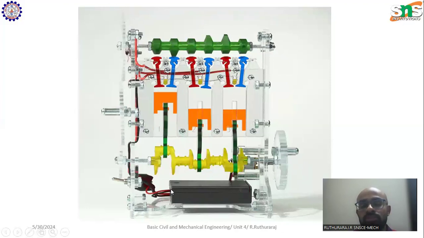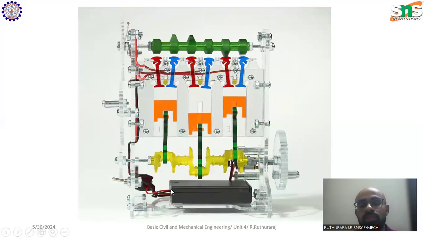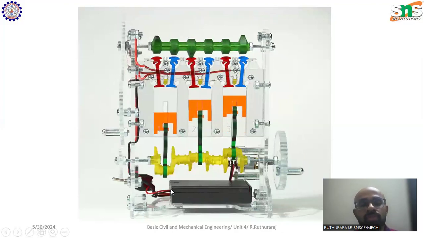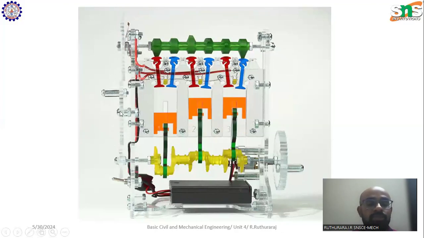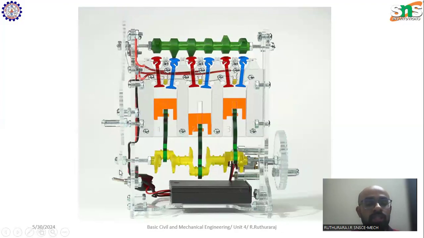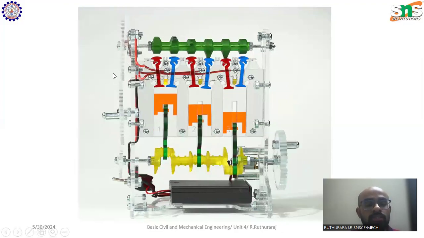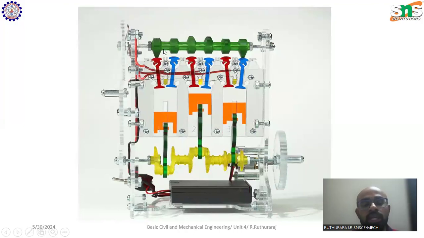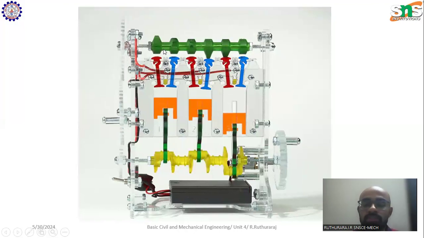Power from the crankshaft is transmitted to the camshaft through pulleys. As you can see here, a pulley system is transmitting the power of the crankshaft to the camshaft. The camshaft consists of a series of cams.